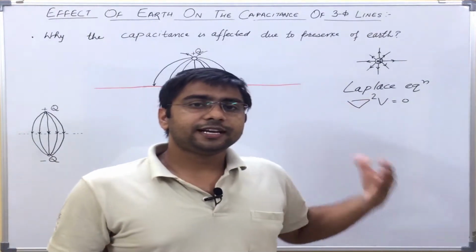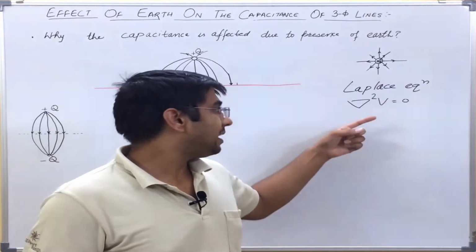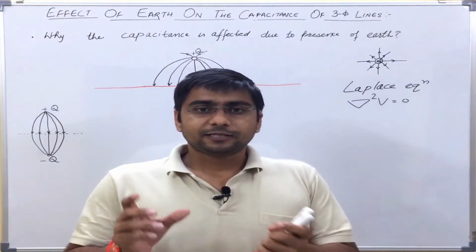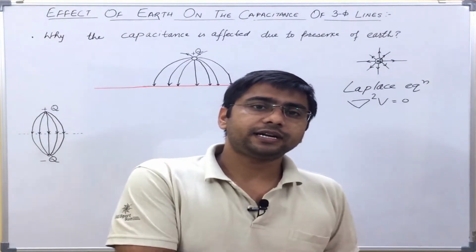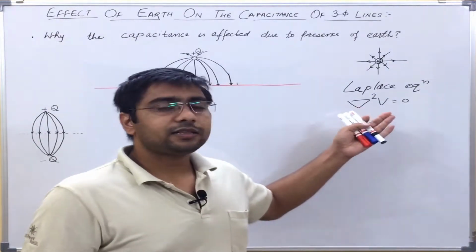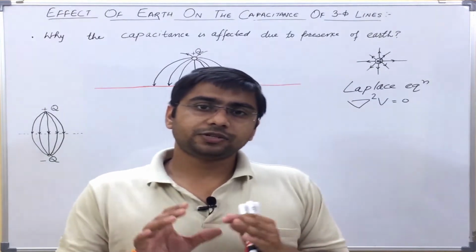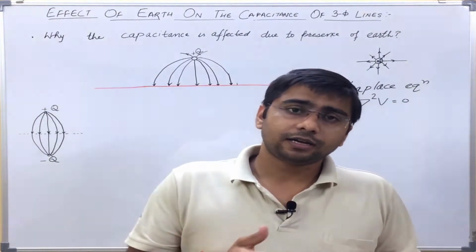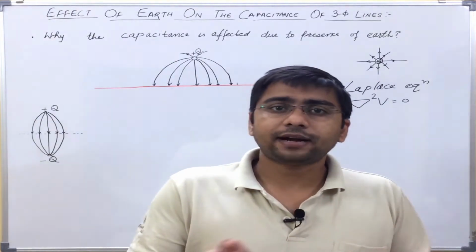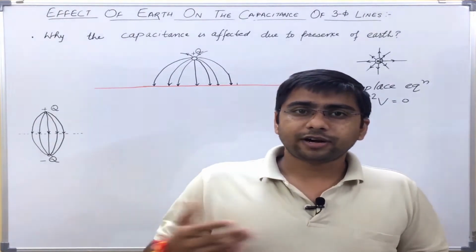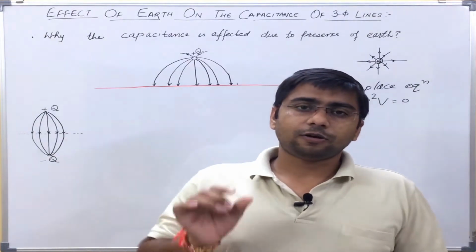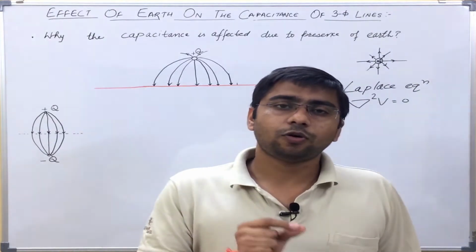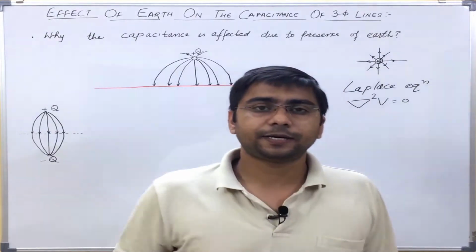The uniqueness theorem says that the solution of Laplace equation is unique, that is, if some solution satisfies the boundary conditions and also satisfies the equation, then that solution is the only solution, and it does not matter by which method we arrived at that solution. The only thing that matters is that we have a solution which satisfies all the boundary conditions and this equation.